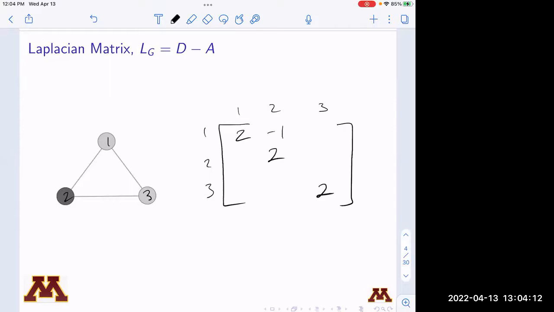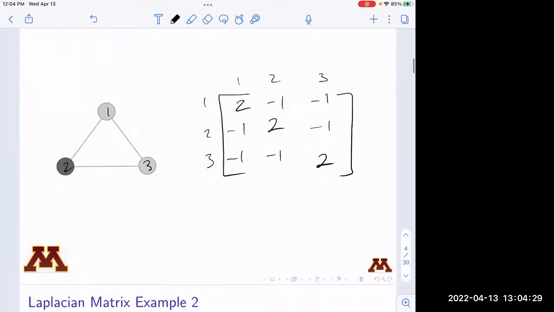Then 2 is adjacent to 1, so I put a -1 in both of those spots. 3 is also adjacent to 1. And then 2 is adjacent to 3. So that's how we compute the Laplacian matrix.